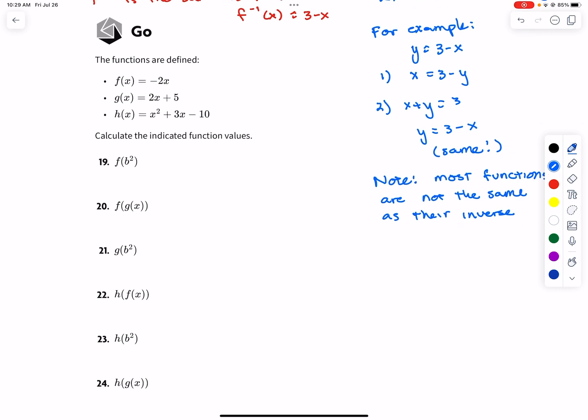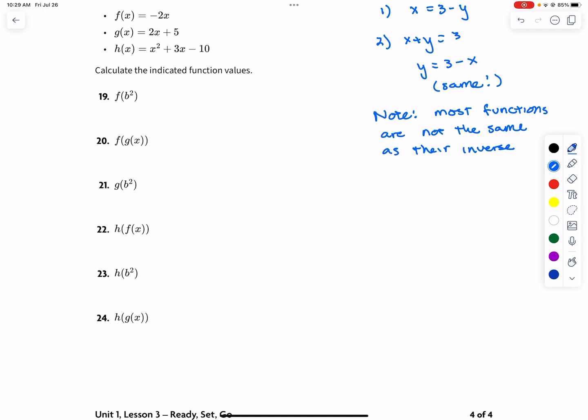f of x is -2x, g of x is 2x plus 5, h of x is x squared plus 3x minus 10. So it says calculate the stated values. I also want to say write the answers simplified, i.e. with no parentheses. f is negative 2x, f of b squared is negative 2b squared.